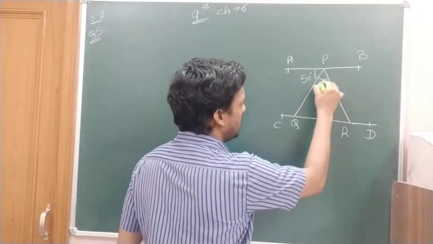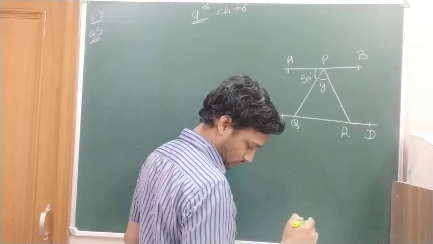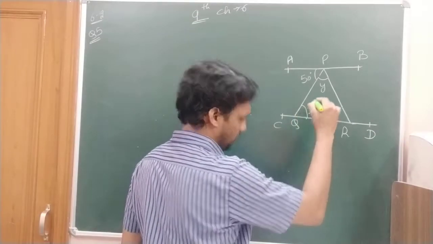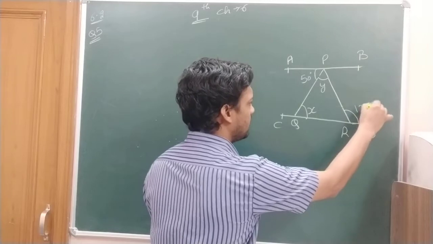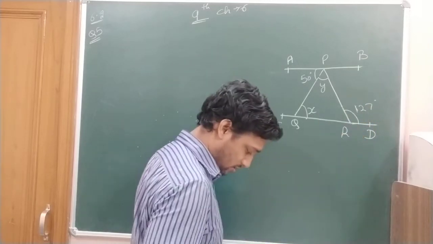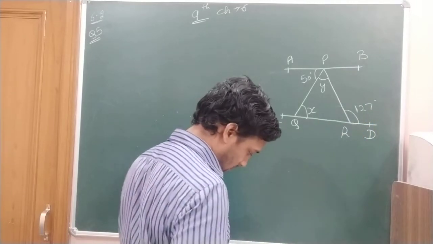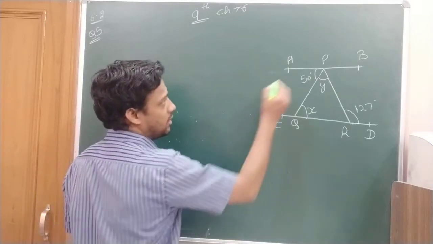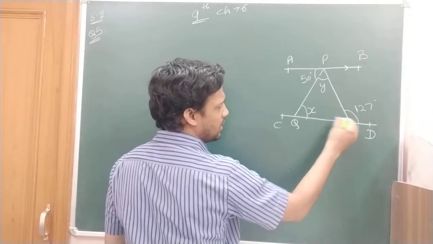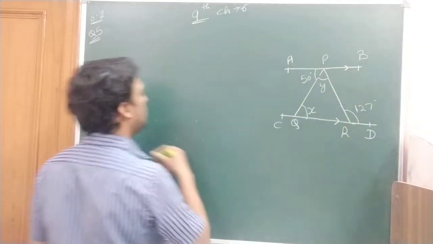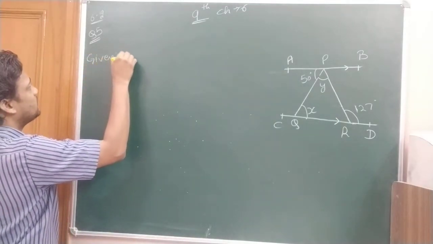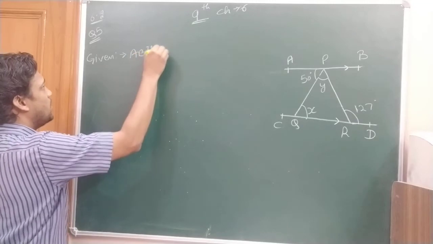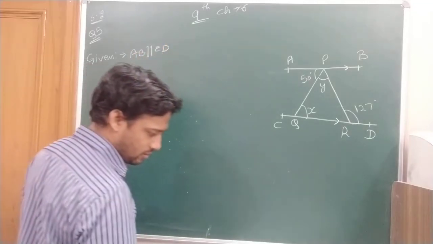This angle is y. This angle is x. This angle is 127. Now the question is that if AB is parallel to CD, it means the AB line and CD line are given parallel. So given AB line parallel to CD.